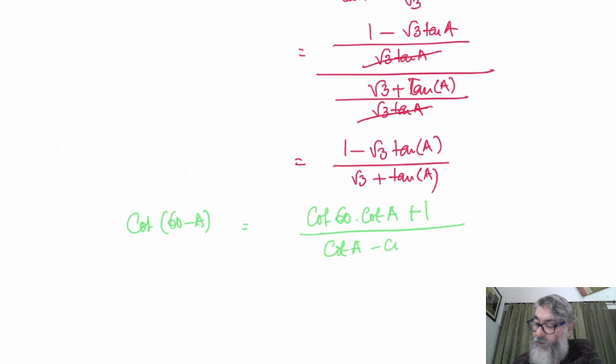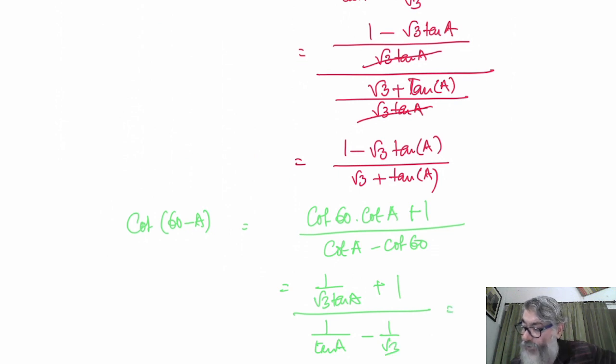Again, I can write cot 60 as 1 upon root 3 and cot A as 1 upon tan A, so it is (1 upon root 3 tan A plus 1) upon (1 upon tan A minus 1 upon root 3). So again you will get (1 plus root 3 tan A) upon (root 3 minus tan A), avoiding the LCM, as it cancels. Okay, and these values we will substitute in the first equation.